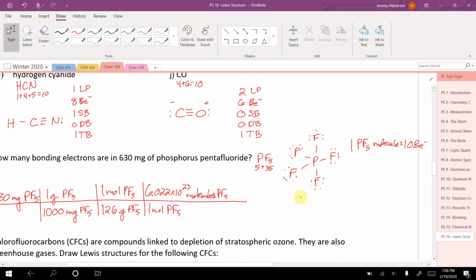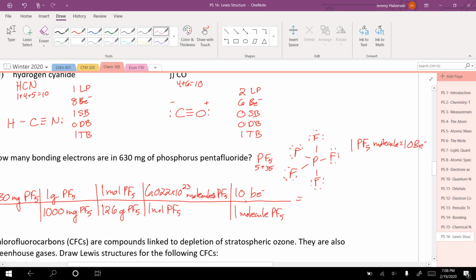So literally, if I were to do the math now, I'd find how many of these there are in 630 milligrams. But I don't care about that. I want one step further. I know that 1 molecule of PF5 has 10 bonding electrons.